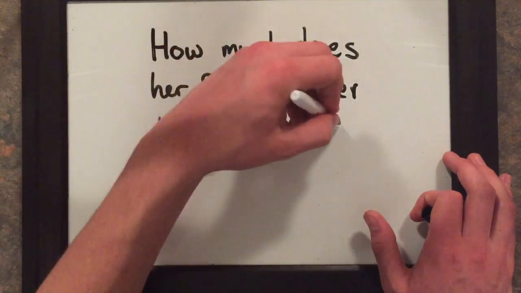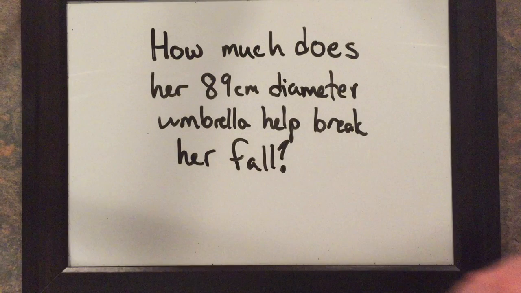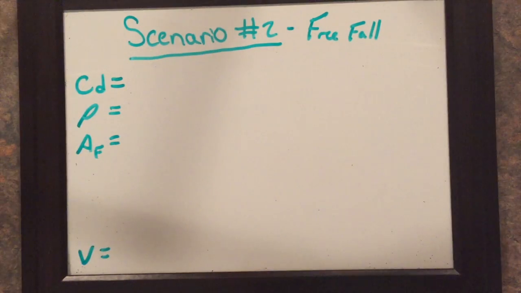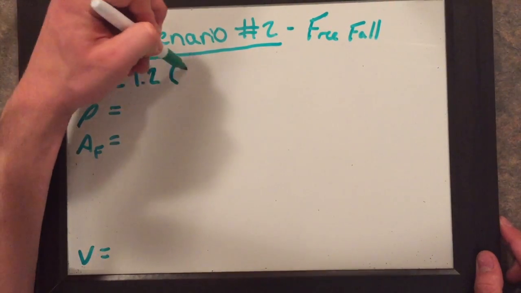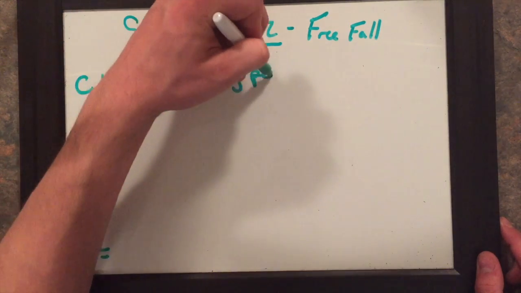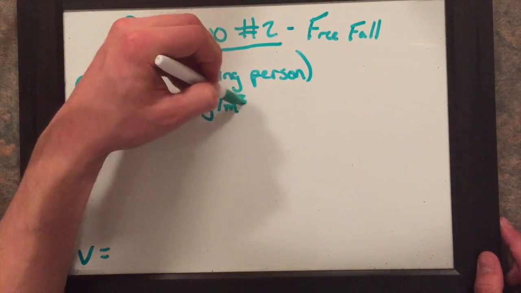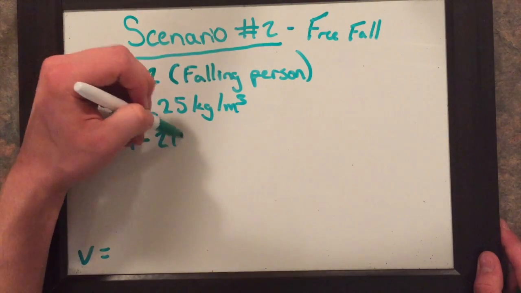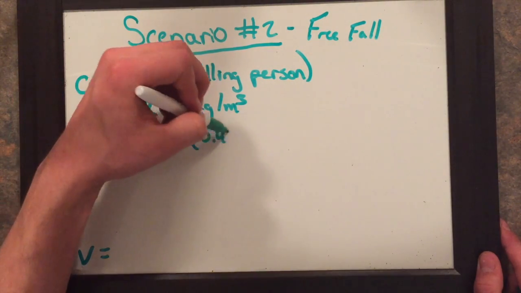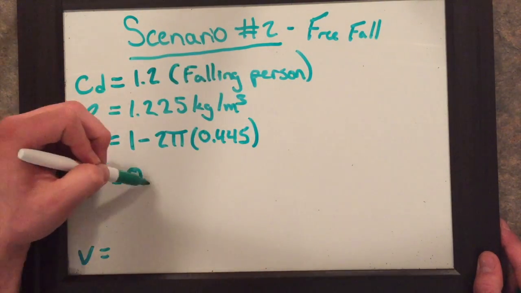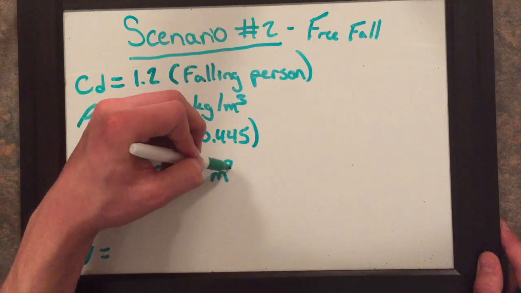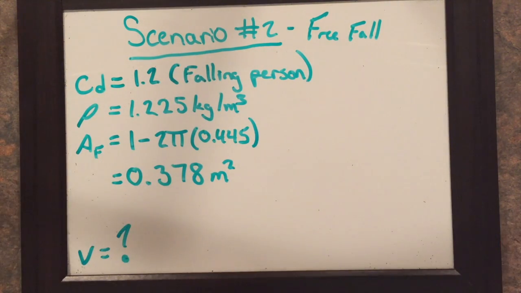So how much does Mary Poppins' umbrella actually help break her fall? For the second scenario, we are going to drop Mary Poppins without her magical umbrella and see how well she does. Without her umbrella, it will change her drag coefficient to 1.2, as well as her frontal area to 0.378 meters squared.